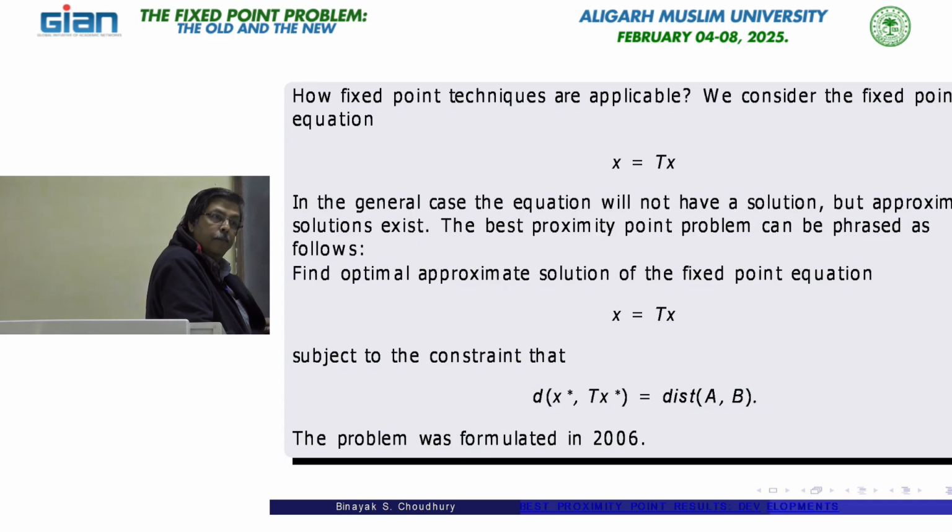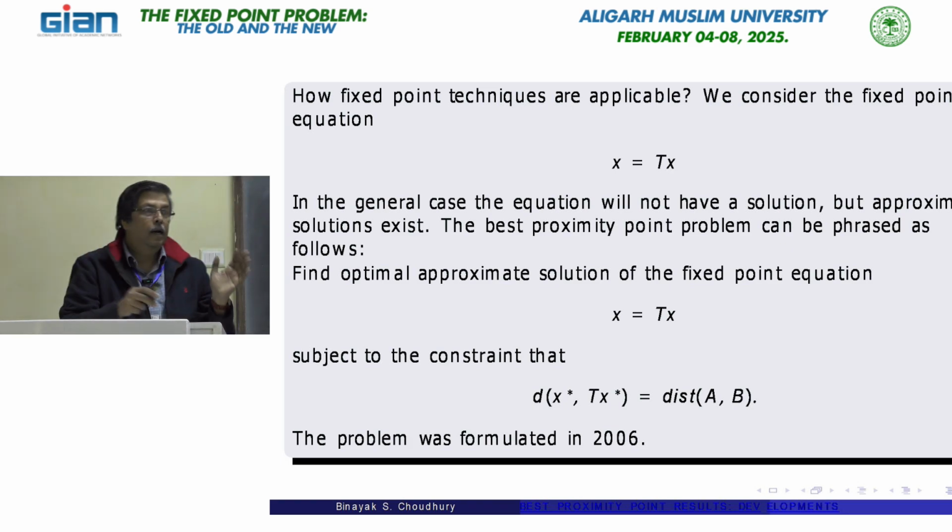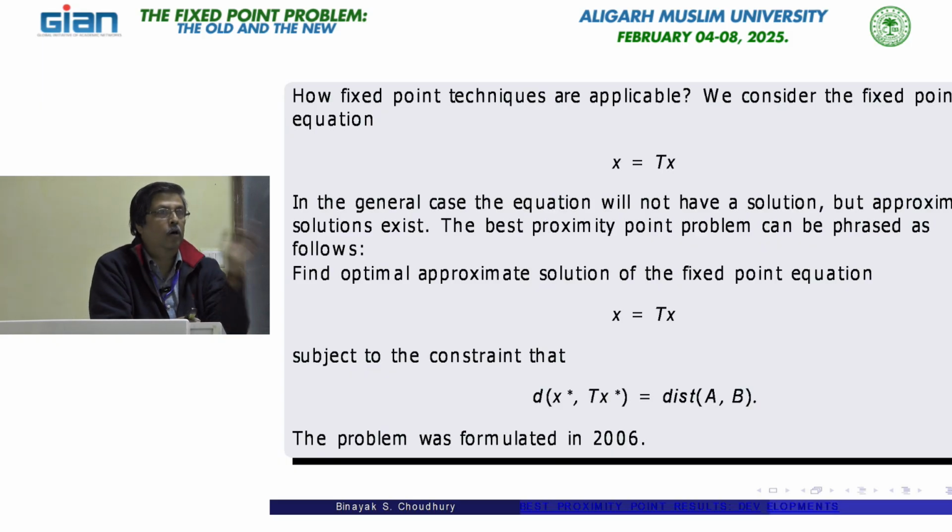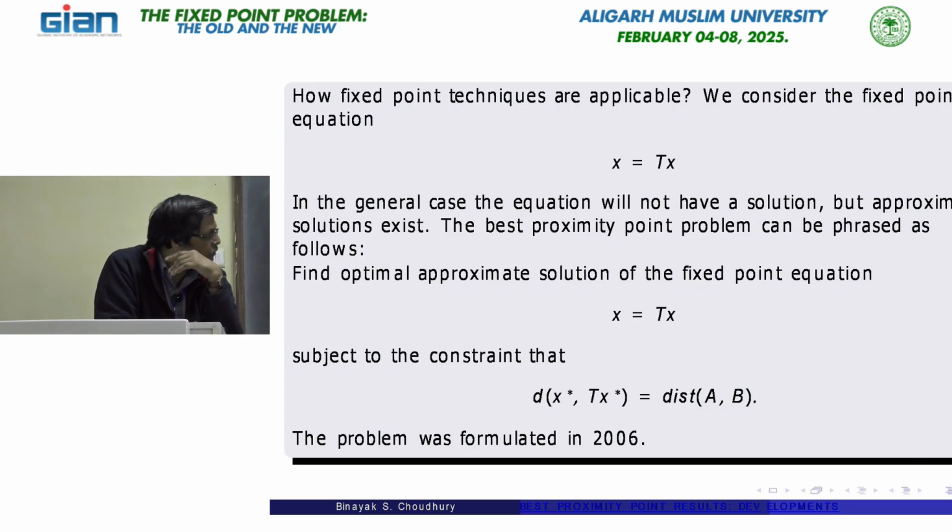Now, you have a fixed point equation, and there are many methods of approaching it for making out the optimal approximate solutions. You can approach with those methods, but we will take a different course now. We will see how a non-self mapping can help us in this respect.